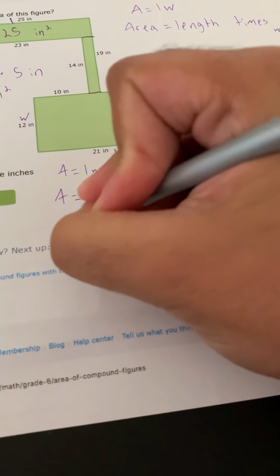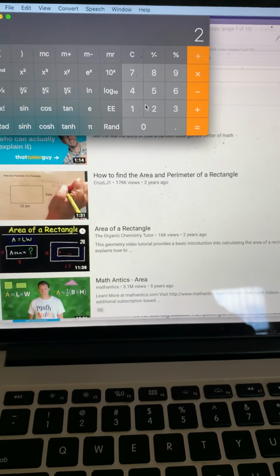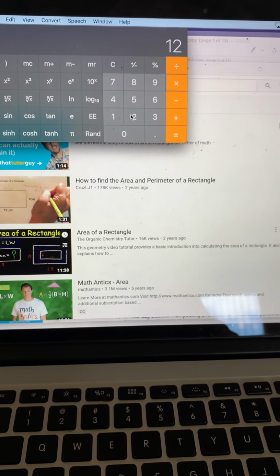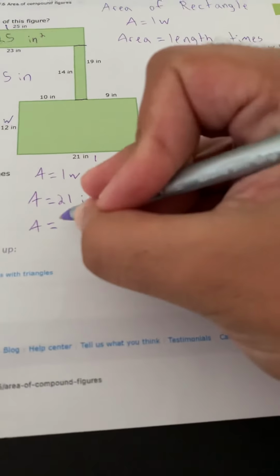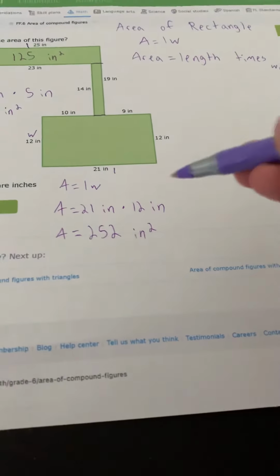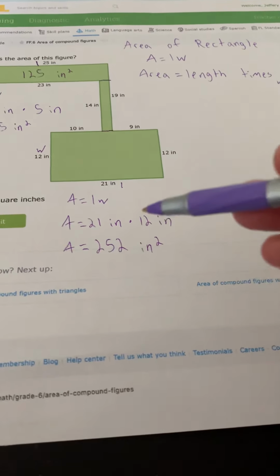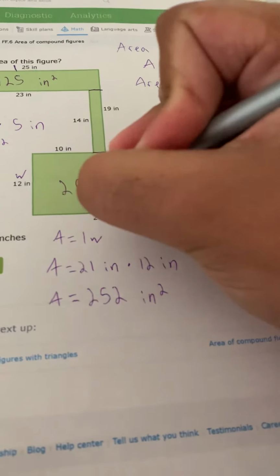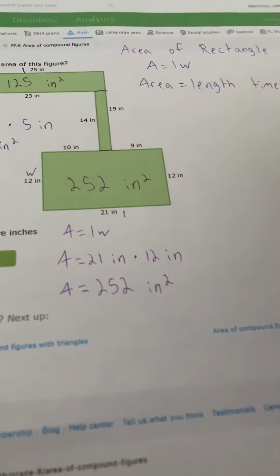So A equals, I'm gonna go back to my calculator, 21 times 12, so that's 252. So I got 252 inches squared, because inches times inches is inches squared. So this is 252 inches squared.